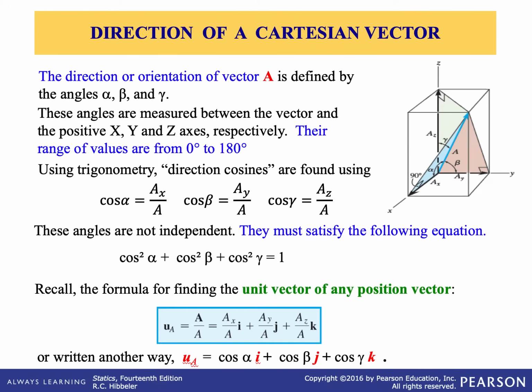Same thing for all the other angles, beta and gamma. You take the y component divided by the magnitude and you will end up with cosine beta. You can do the cosine inverse, and you have beta, and the same is for gamma. So this is showing you how important and how useful writing a vector in the Cartesian coordinate system is.